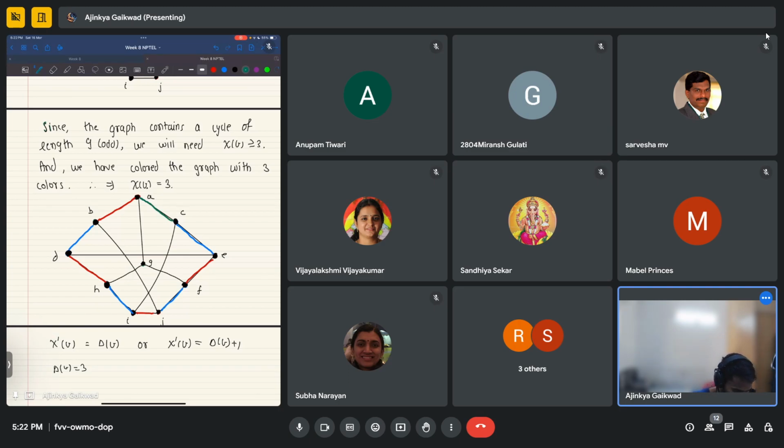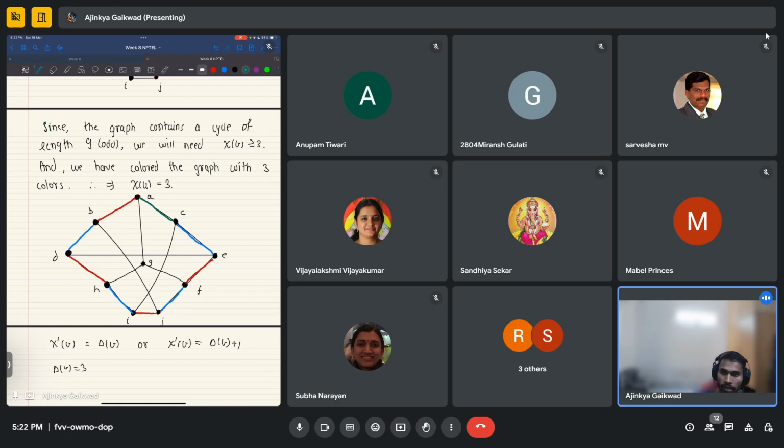Okay, this is correct, right? So till now there is no problem. Now let's see if we can use only these 3 colors to color all the edges. I think the problem will happen when we are coloring the edge CI.